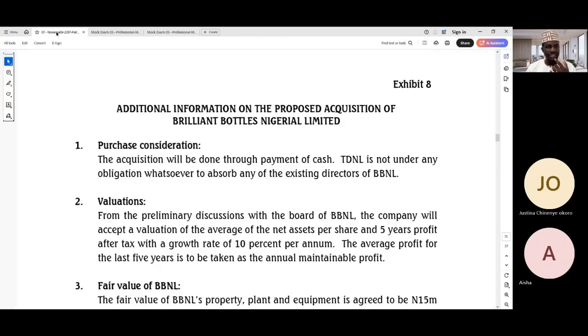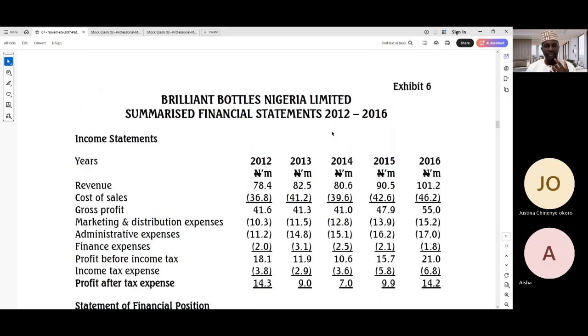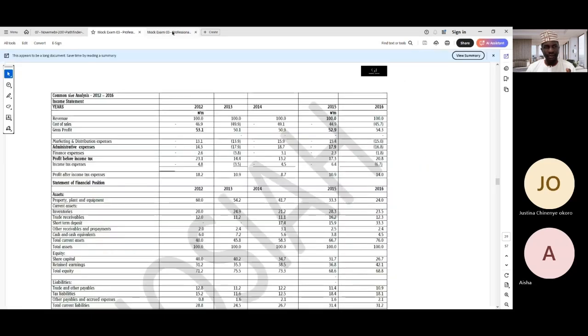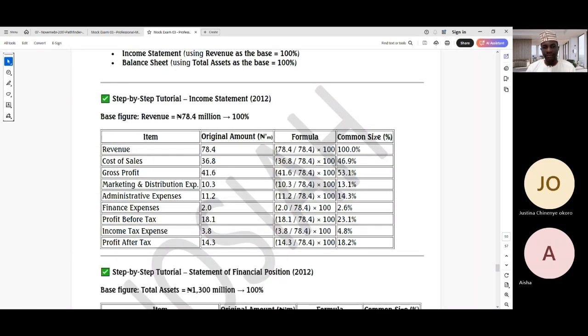From the screen, you see the revenue was about 78.4 million in 2012. You need to convert that revenue to a base of 100. In converting it, you take 78.4 million divided by 78.4 million times 100. It gives us 100. So I gave us a table of the conversion and the formula.